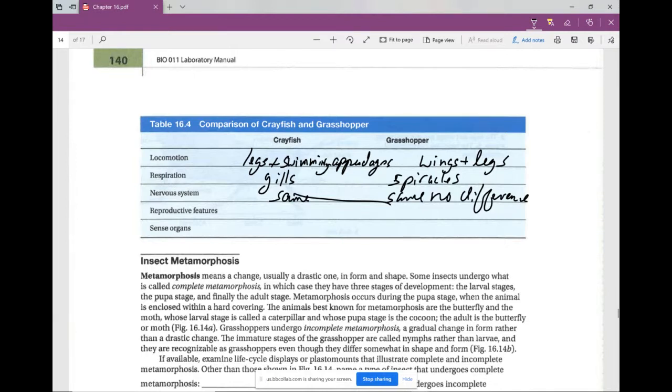How would I put this? You know, we didn't really discuss it, so don't worry about it. And there's no difference in sense organs, right? They both have antennae. They both have compound eyes. Let's say antennae plus compound eyes in both.